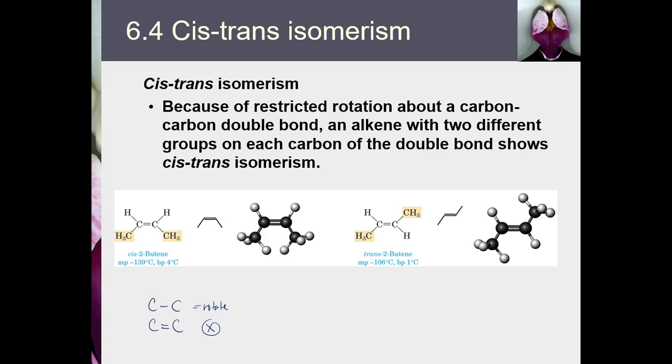So, meron tayong tinatawag na cis-trans isomerism. So, ito yung effect. Because of the restricted rotation, hindi nakaka-rotate yung carbon-carbon double bond. So, your alkene with two different groups on each carbon of the double bond shows cis-trans isomerism. So, in our case here, yung methyl groups natin can either be on the same side, or this one, opposite sides of the double bond.